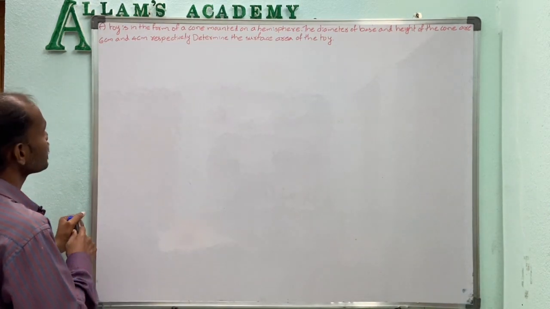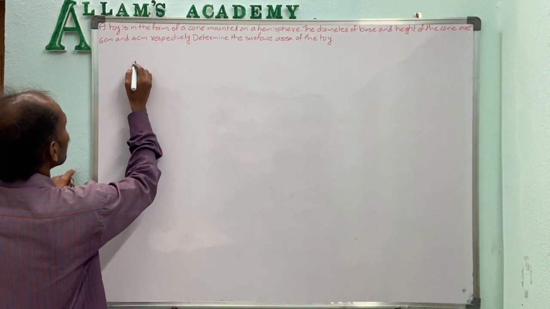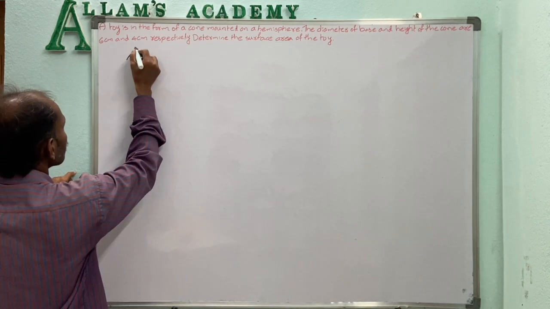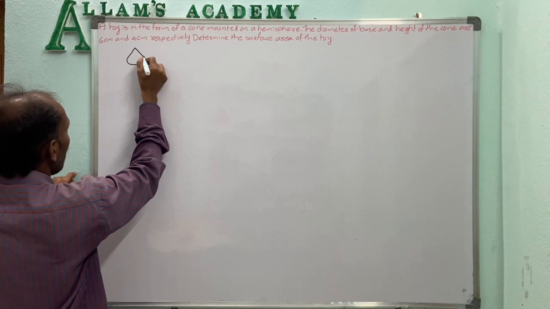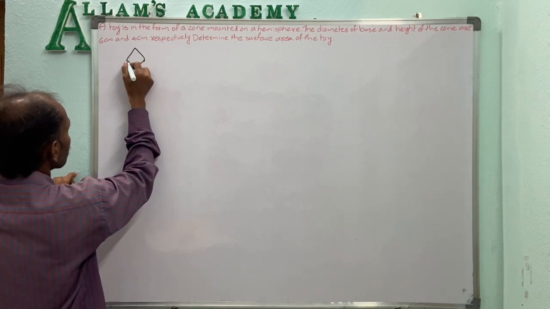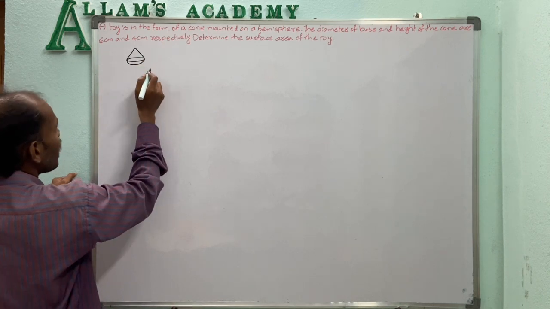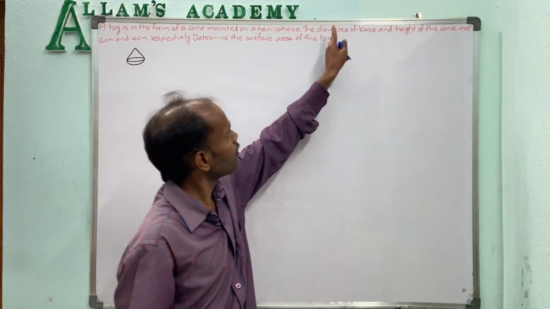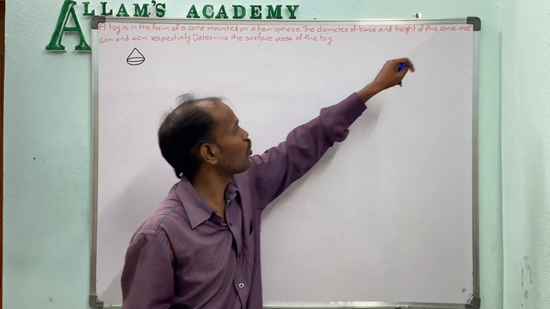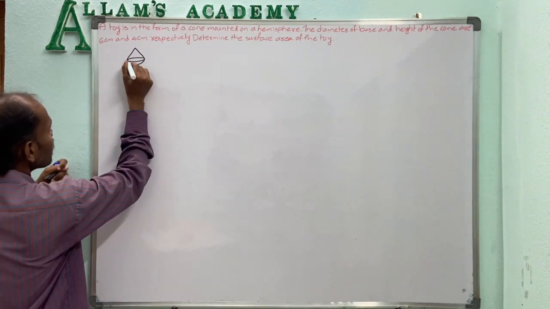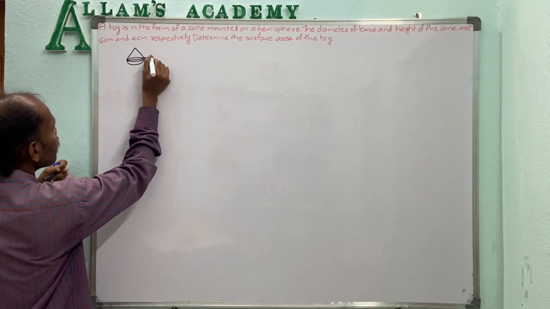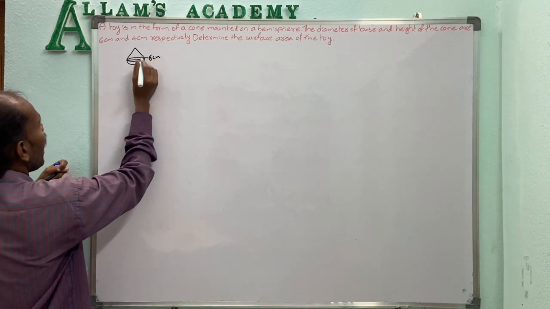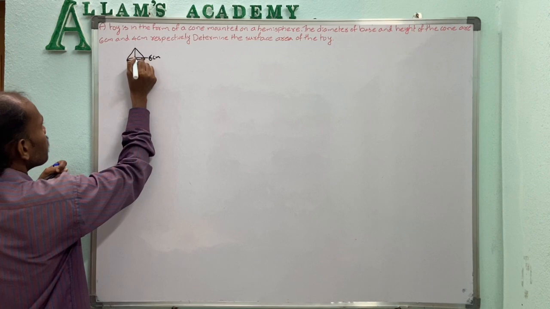So the toy is in the form of a cone, and that cone is surmounted on a hemisphere. The base diameter and height of the cone are 6 centimeters and 4 centimeters.